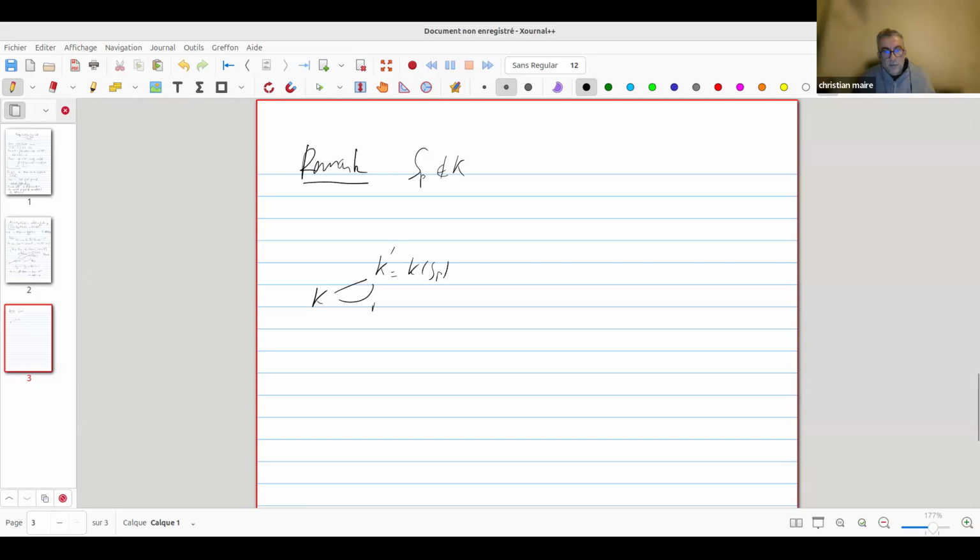So you have a Galois group which is not trivial, and you take an element S here, which is not trivial. And now you add k prime vk.